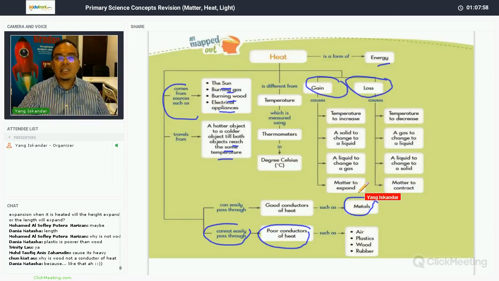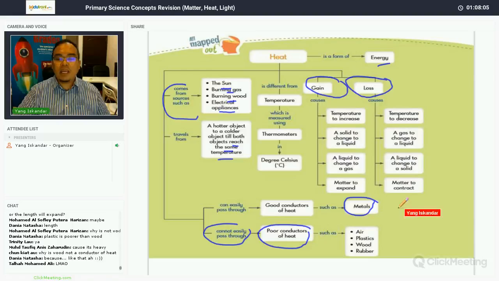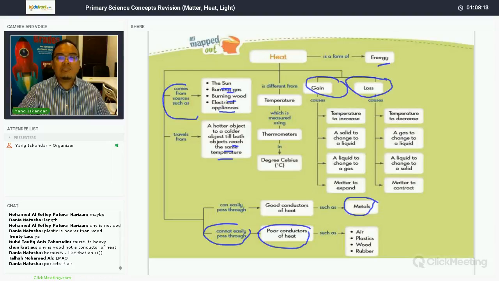Remember we recently learned the topic on adaptation. So, the polar bear. How does the polar bear adapt to the cold weather? We know that the polar bear has very thick fur. This thick fur traps air, and we know that air is a poor conductor of heat.